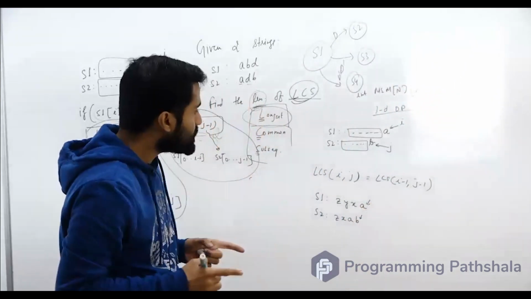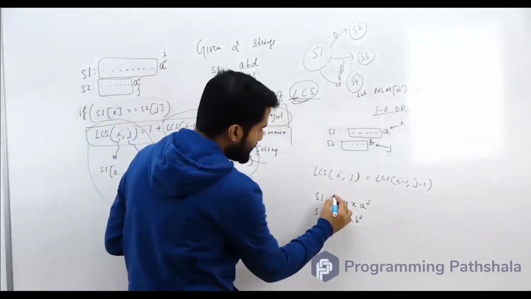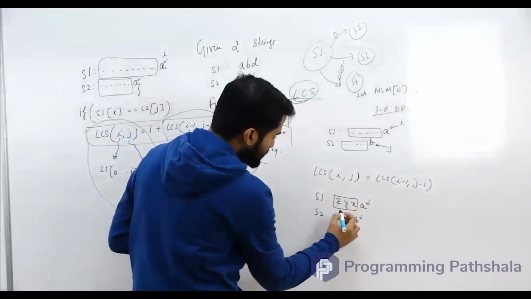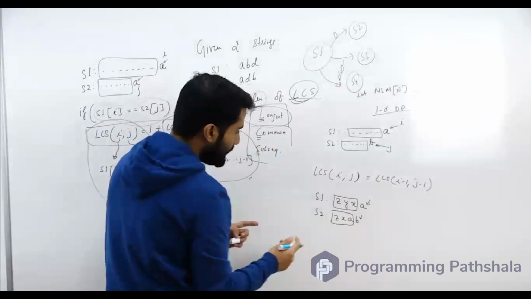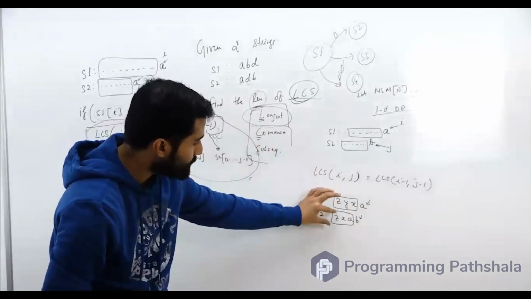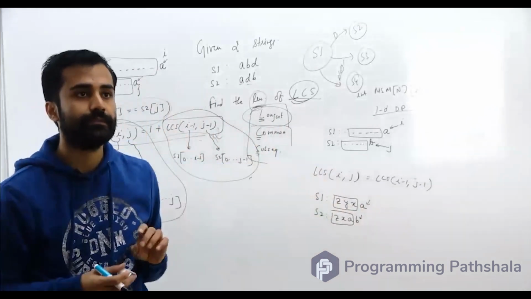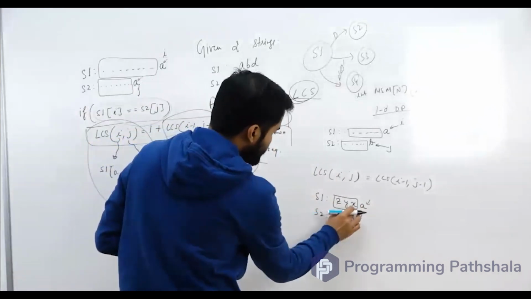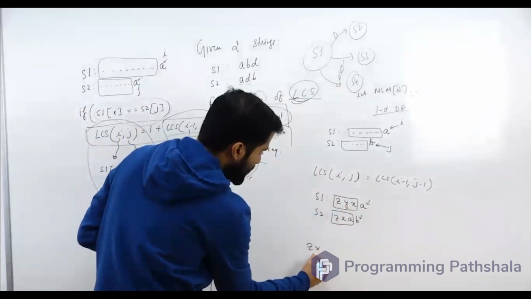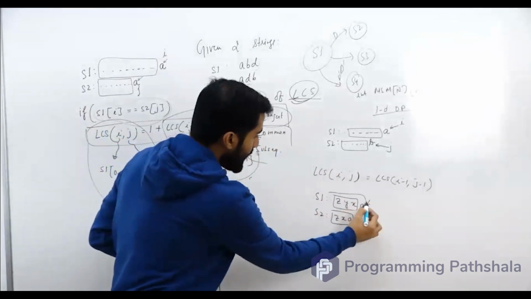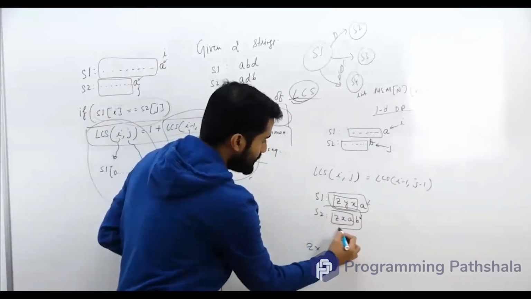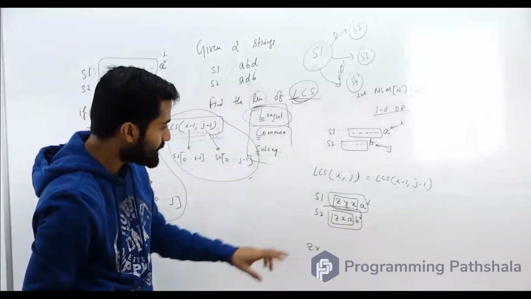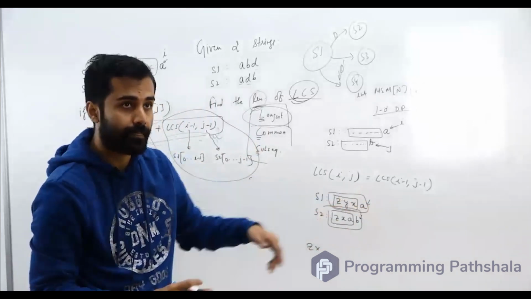If the last characters are not matching, and you say that the LCS will be the same as the LCS of this much part, then tell me, what is the LCS of this much part, which I have boxed? It is ZX. ZX is present here as well as here. But what is the LCS of the actual two strings? The LCS of the actual two strings is ZXA.